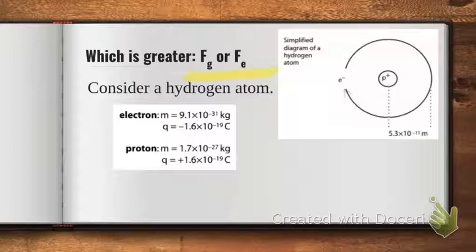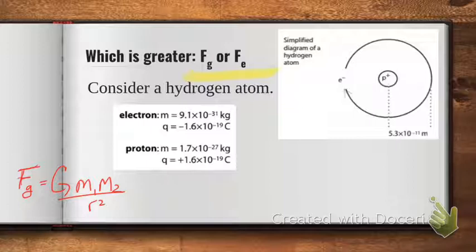So if we've got the force of gravity, it is the gravitational constant times m1, m2 over r squared. For this test to figure out which one's bigger, gravitational or electrostatic force, we're going to use an atom of hydrogen.